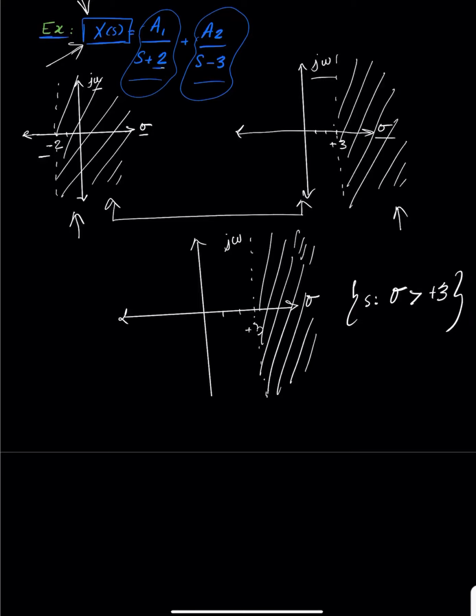Now, if we have multiple components and we have multiple vertical lines, the region of convergence is going to be always, I'm going to emphasize this, always, and this is when we have multiple causal signals. I'm not talking about when we have anti-causal or non-causal components, which we will touch on in later videos. We're saying that all the components are causal.